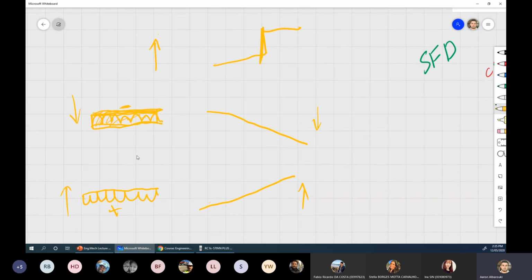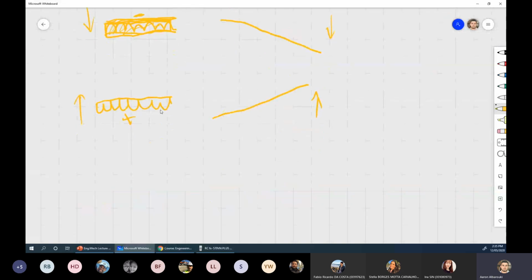If I have my force not as a uniformly distributed load, the third case is if I have a uniformly varying load. You remember these types of forces? Would anyone guess what would be the shape produced by this?